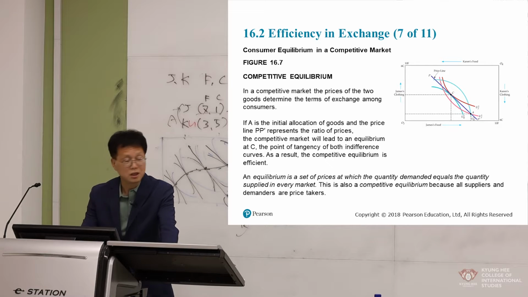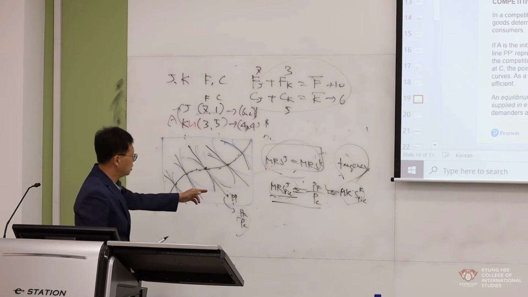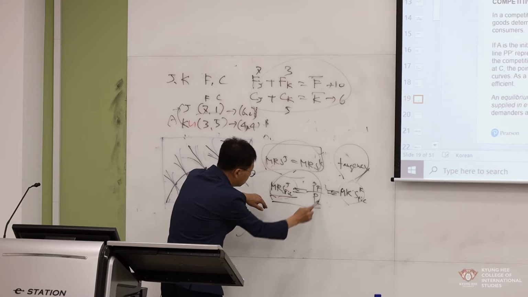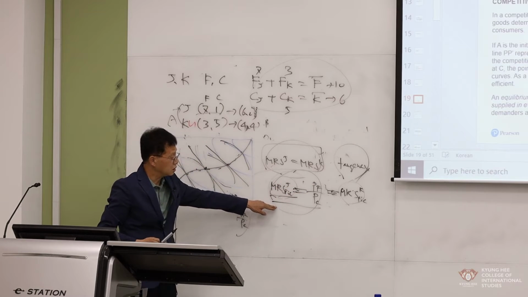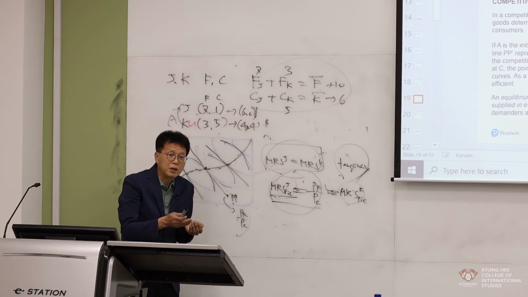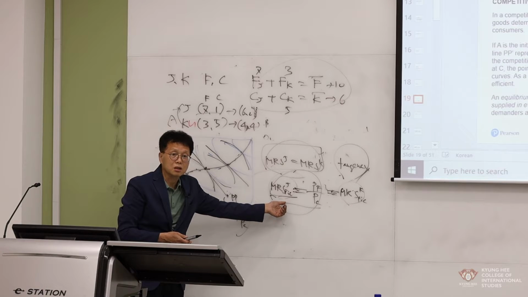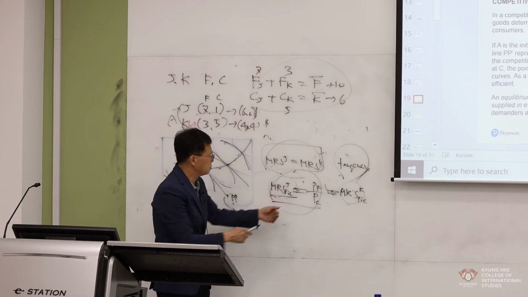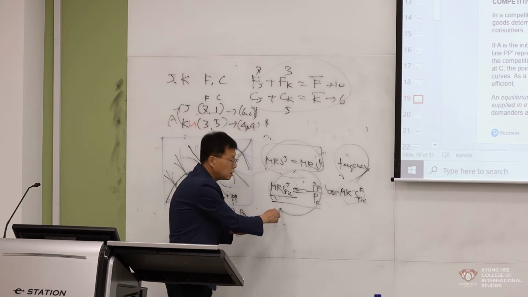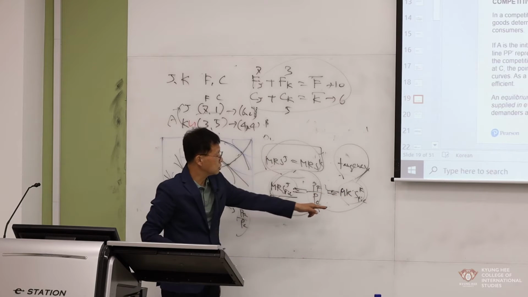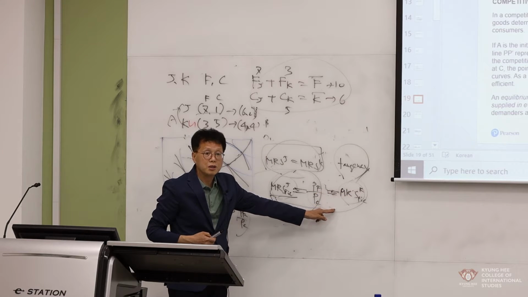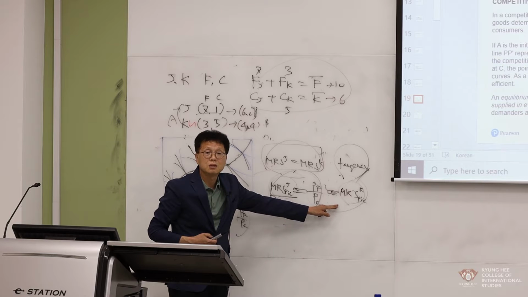Can you understand? So now from here, think about what this is. You're familiar with this kind of condition. What is this? That is utility maximization condition. Right? Necessary first order condition of utility maximization for James. Right? And what is this? This one is utility maximization condition for James.